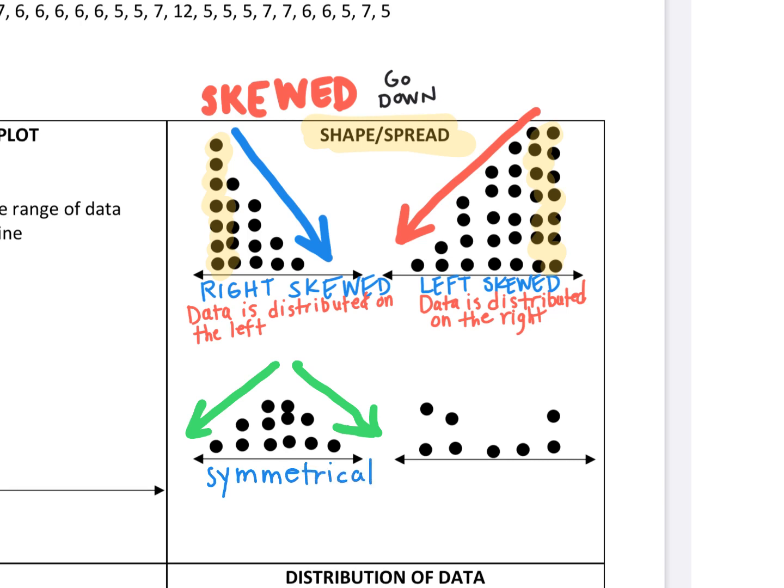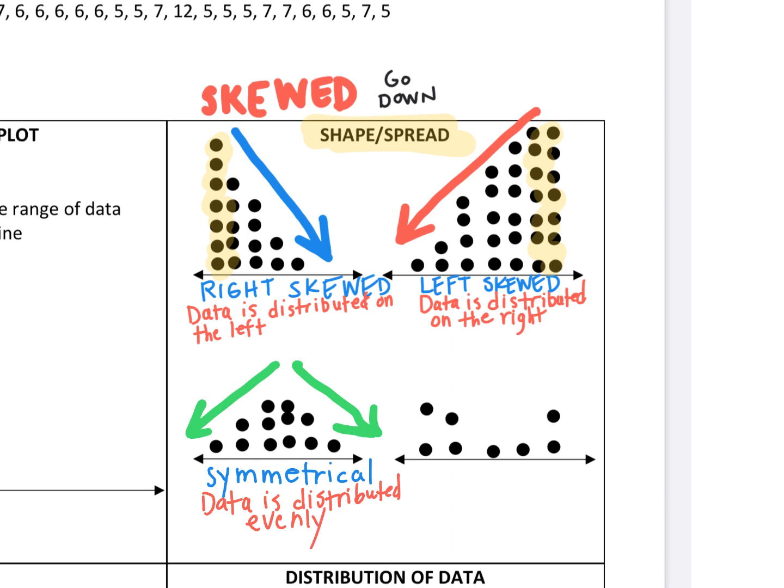In this case, when we say the data is distributed evenly, that means it looks the same on both sides. It doesn't look like it's going down more on one side than the other.